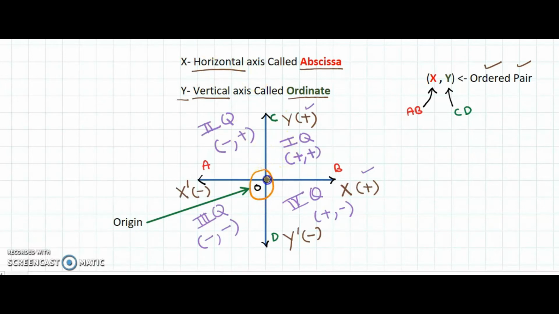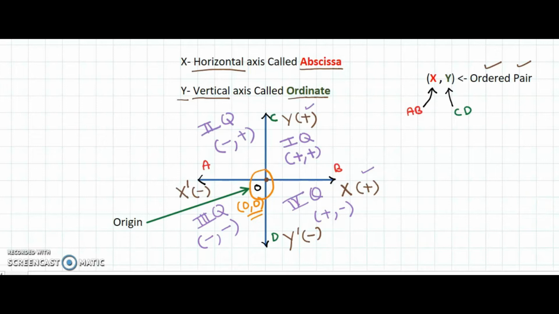This point is called the origin, and remember its ordered pair is always what? 0, 0. No positive, no negative is added in this particular ordered pair.